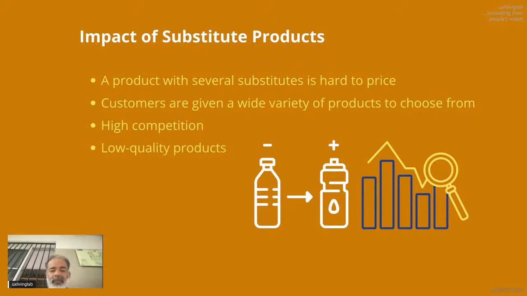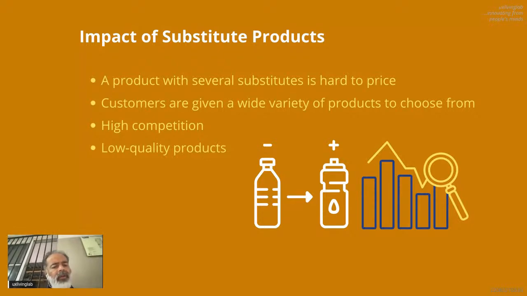The second point: customers are given a wide variety of products to choose from. The availability of more products can lead to higher utility. No single product can satisfy all consumers of a particular type. Therefore, the greater the number of substitutes, the higher the probability of each consumer getting what is right for them.